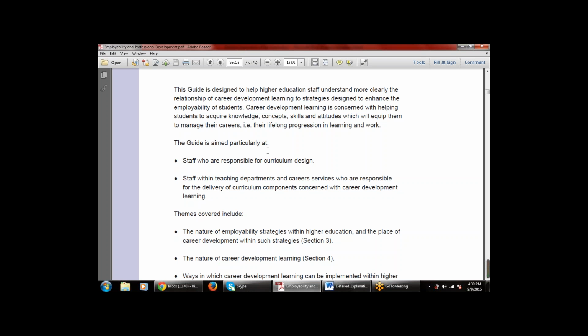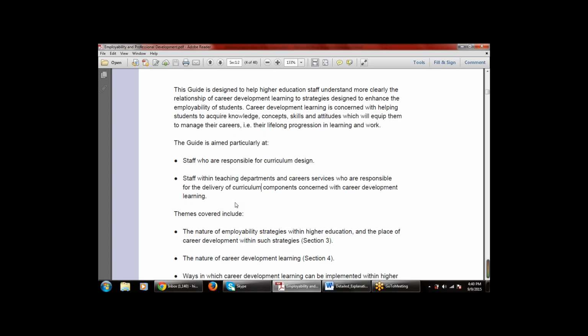Then next is the staff within the teaching department and the career services, who are responsible for the delivery of the curricular component that is concerned with career development learning. That is, how to develop their career.